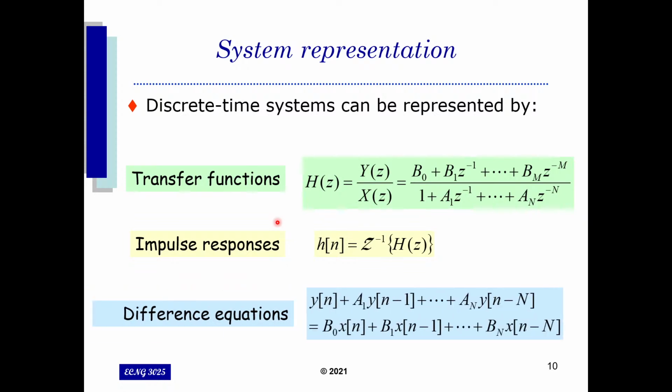And difference equations, which are given by some form of y of n, and then y of n minus 1 and n minus 2 and so forth, and similarly with x of n minus 1 and n minus 2 and so forth. The difference equation form here is basically the discretized time version of differential equations. And we'll be looking at difference equations in the next lecture and how we can go about solving them in particular.